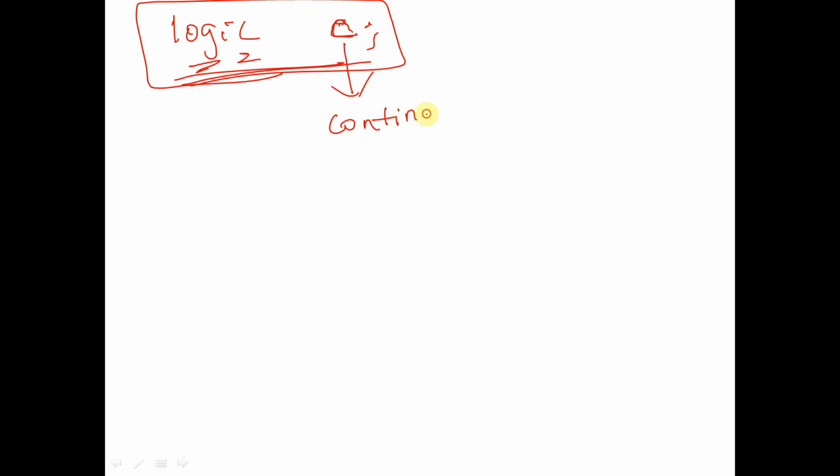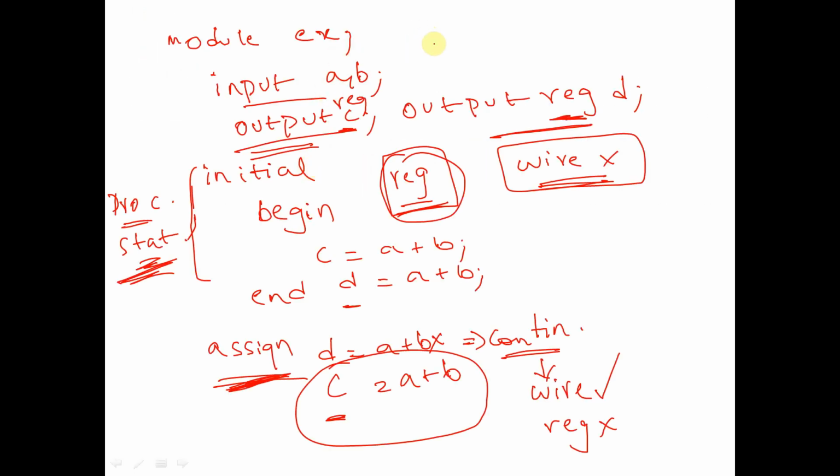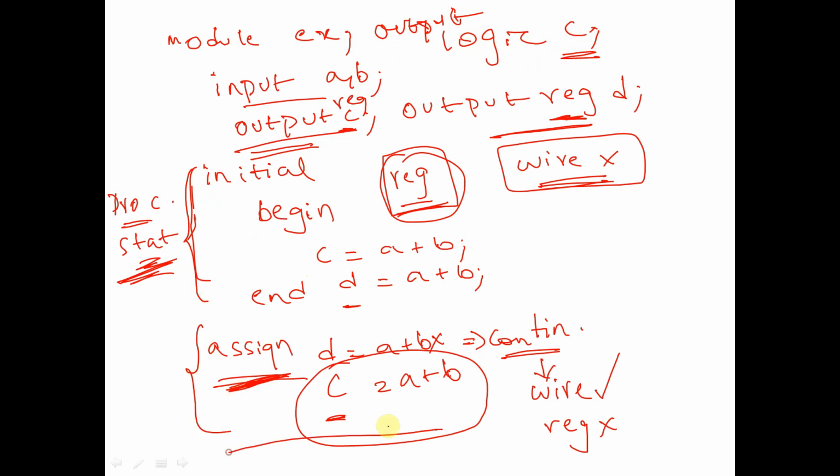If we declare a variable with this logic data type, say output logic C, then this C can be used with any statements, with continuous assignment statements as well as procedural assignments.